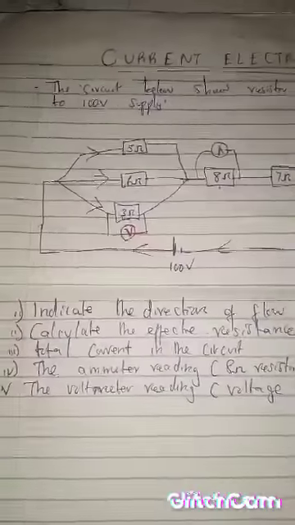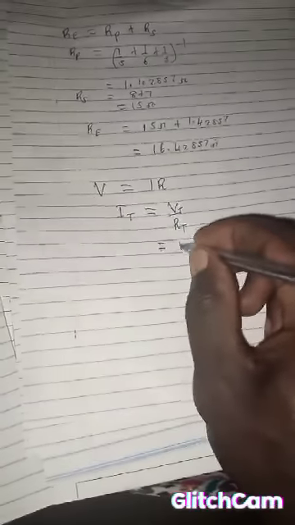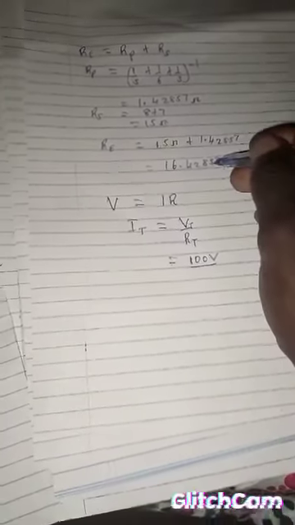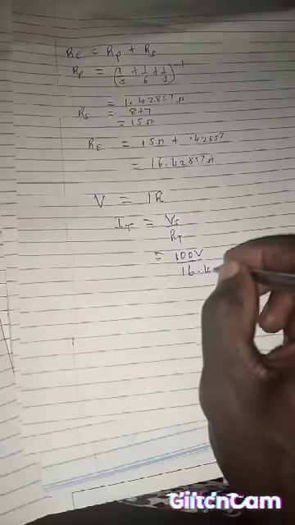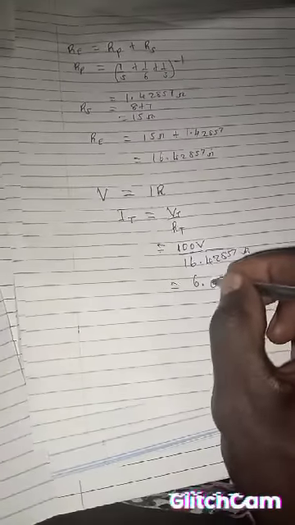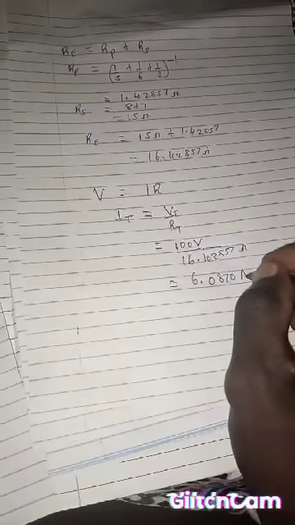We come now and say that total voltage from our diagram is 100 volts. So it becomes 100 volts divided by the effective resistance here, which is 16.42857. From our calculator, that becomes 6.0870 amperes. So we are through with the second question.